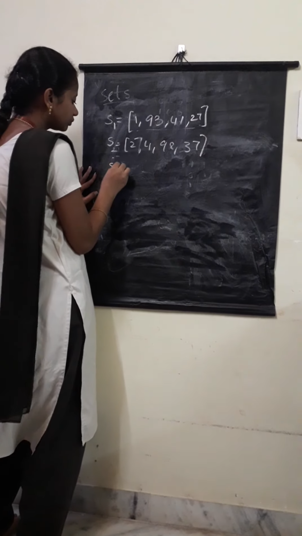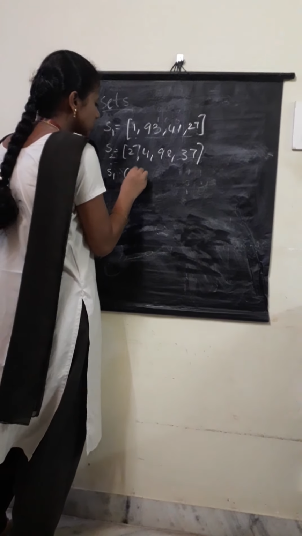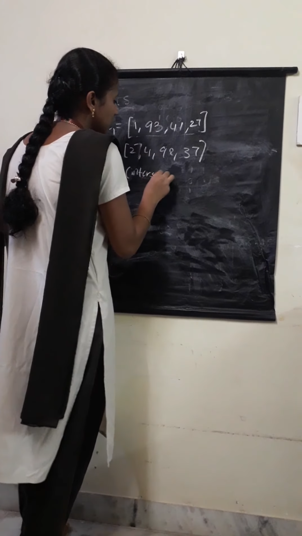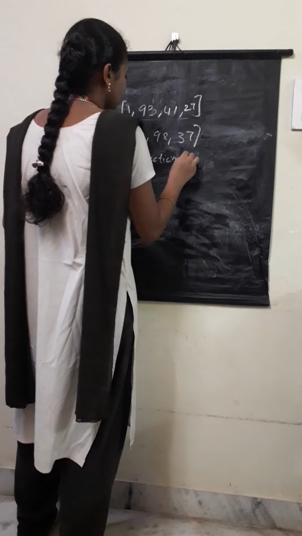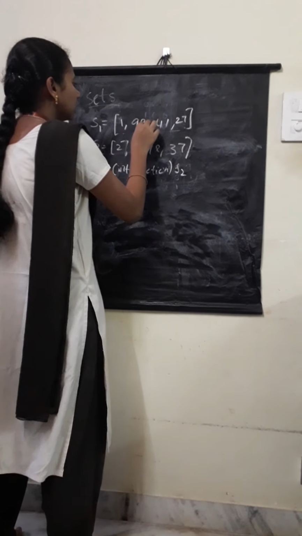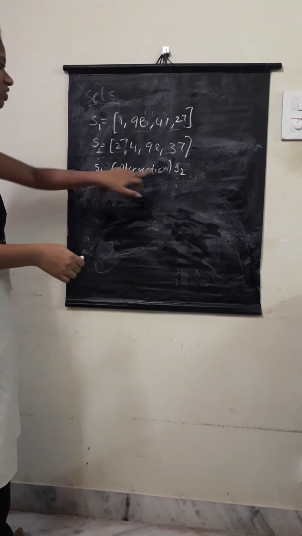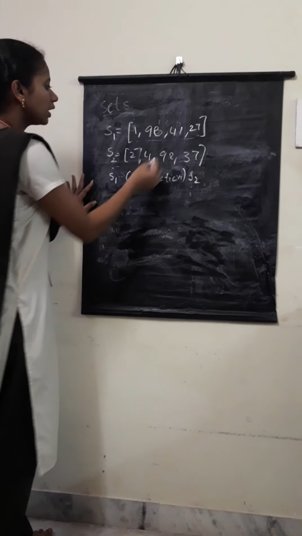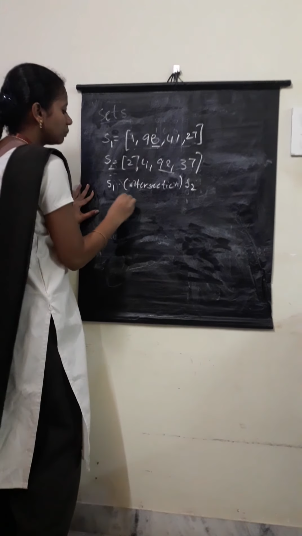For example, S1 intersection S2 means the common values in the S1 and S2 sets. Here the common value is 98, so it will print 98.